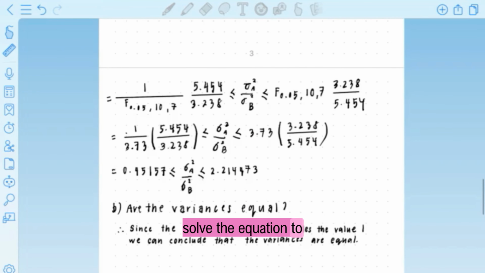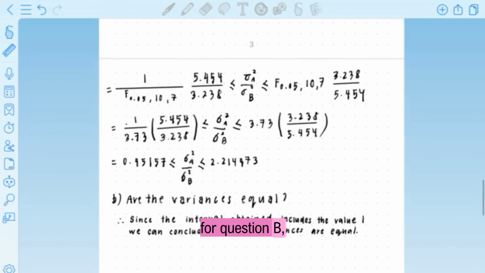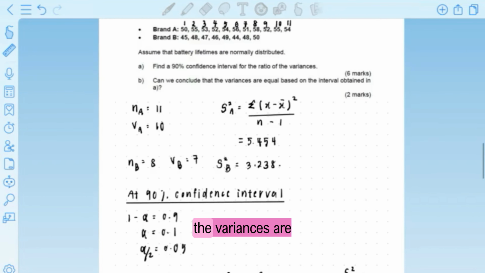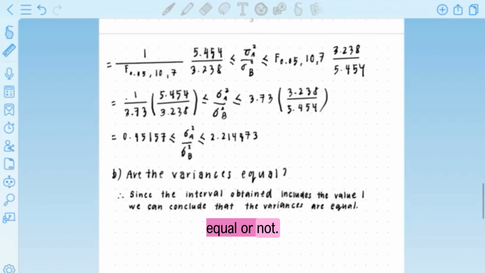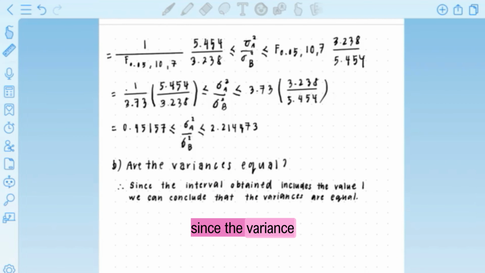And we solve the equation to get that the ratio interval is 0.45157 and 2.214473. So for question B, we need to conclude whether the variances are equal or not. So since the variance ratio includes the value 1, we can conclude that the variances are equal.